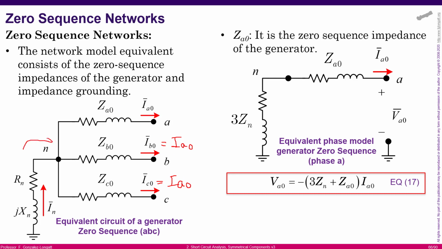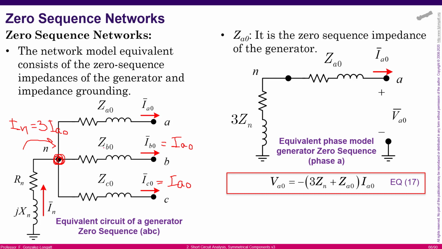If we apply Kirchhoff's current law at these nodes, what we realize is that the neutral current has a beautiful property. We have zero sequence here, 1, 2, 3. That means that the neutral point current is 3 times the zero sequence current. Okay, but what is the important thing here?